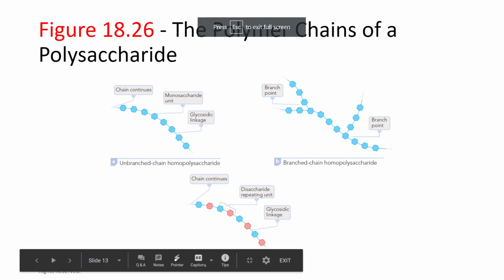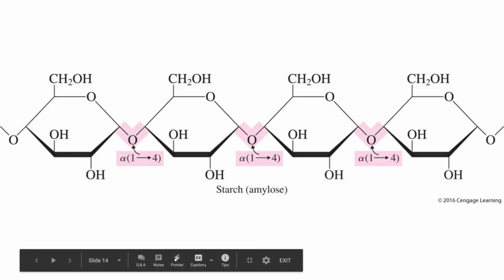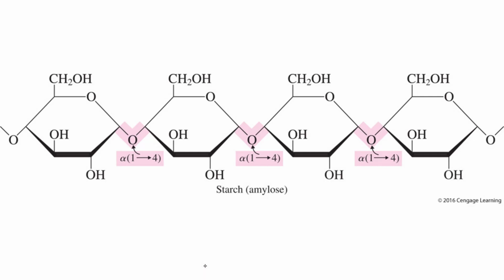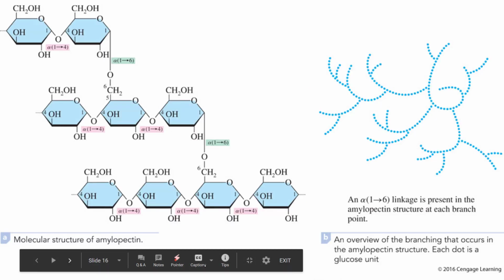This is an image of just a single continuous chain, and these are branching points, but I want to show you the actual chemistry. That's if you had an alpha 1,4 and an alpha 1,4 and an alpha 1,4, so this would be amylose. Amylose can form these neat spirals. That's the way it packs.